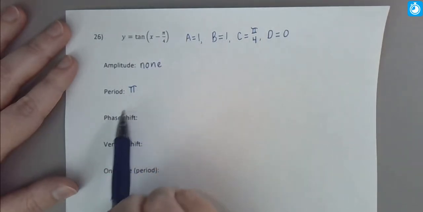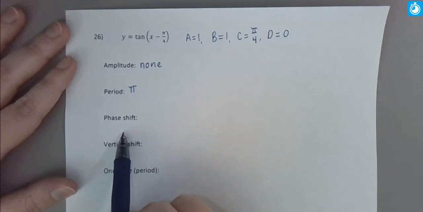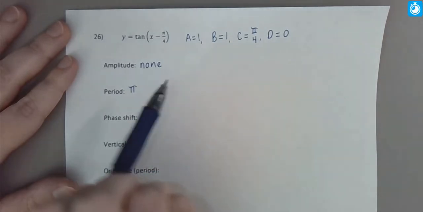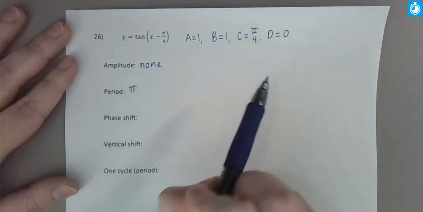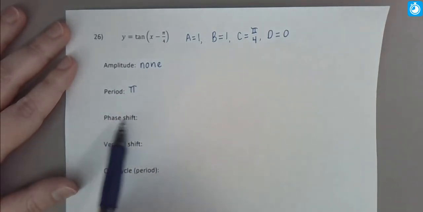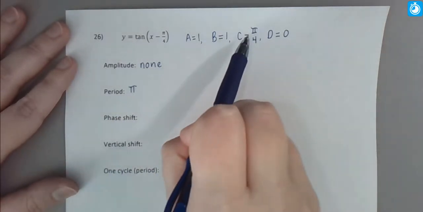Well, in this case, we would just be dividing by 1, and dividing by 1 doesn't change anything. So that means our period, how far it's going to take horizontally to start a cycle and end it, is going to be pi units. Now what about our phase shift? Remember, we get this from c.